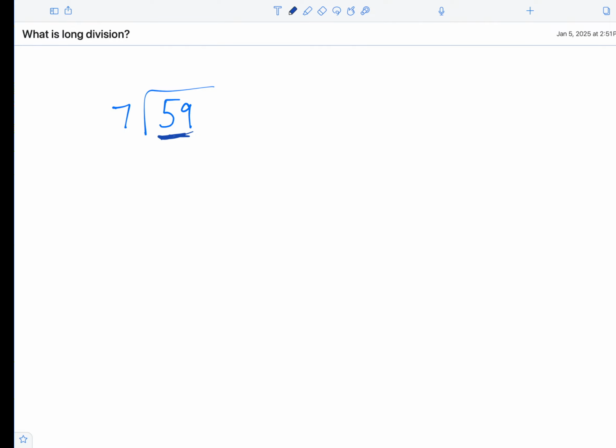Back in the day when we learned this, probably like third or fourth grade, what you do is you answer the question of how many times does 7 go into the first digit, or the digit in the tens place, or the 5 here? And so that goes in 0 times. So we look at it as a 2-digit number. So we say how many times does 7 go into 59?